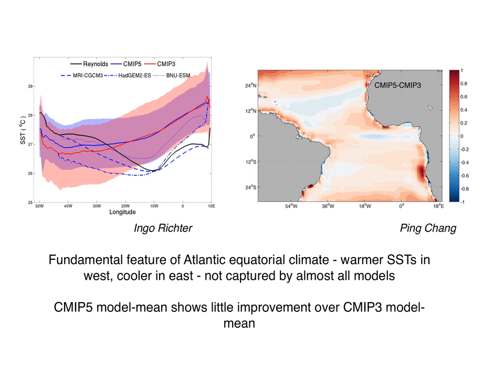In the left-hand plot, the black line shows the observed SST across the equatorial Atlantic. So you see that it's warmer to the west and cooler to the east, and that in the models the gradient is opposite in sign to that observed.